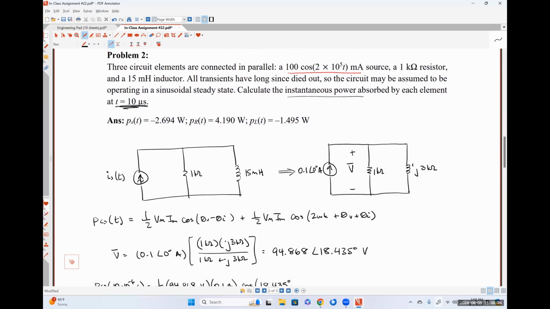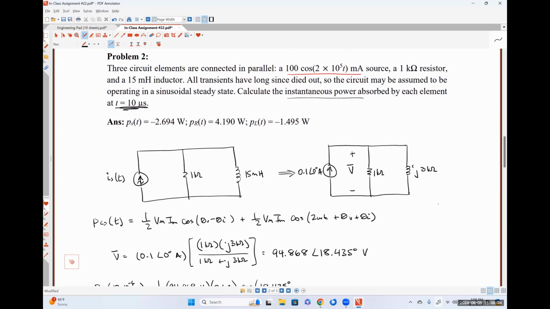So here's where I kind of disagree. And I know this is going to sound weird, but we were asked explicitly to calculate the instantaneous power absorbed by each element. Well, this current is flowing into the negative polarity terminal, so 0 degrees is the current for supplied power.